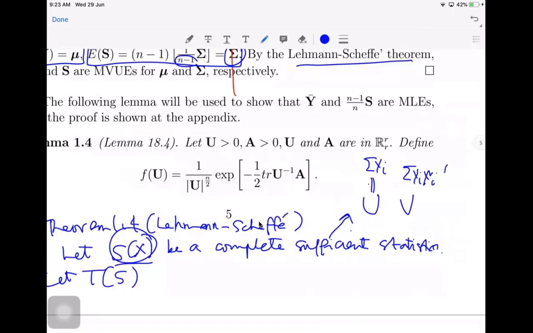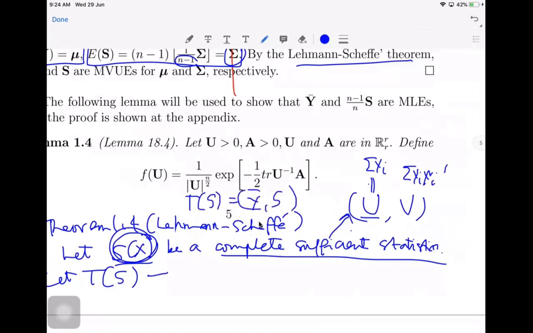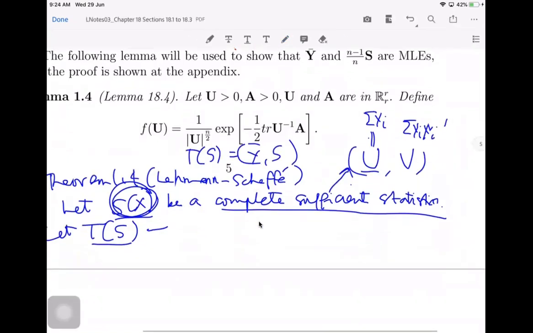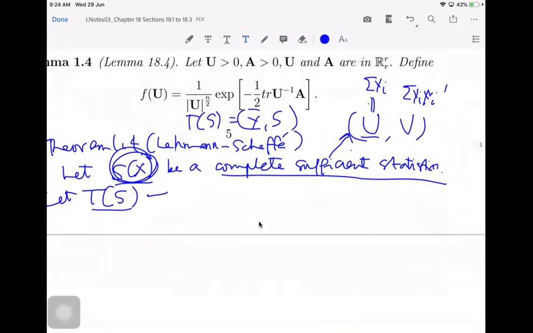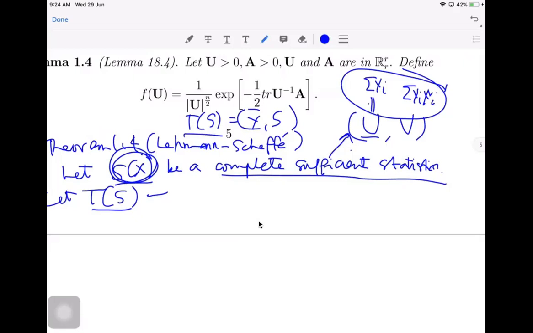That is the complete sufficient stat. So your S of x here is U and V jointly. Your T of S now will be your Y bar and S jointly. So you can make a function of the complete sufficient stat and transform it into Y bar and S. So that will be your T of S.